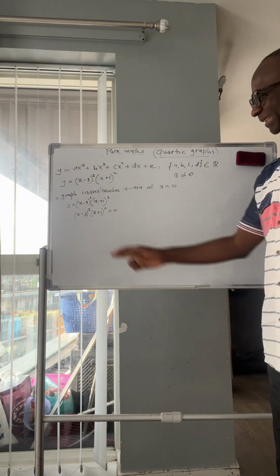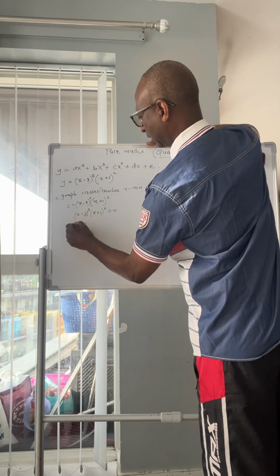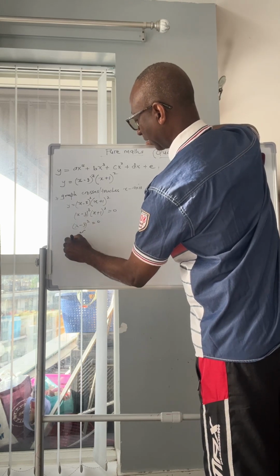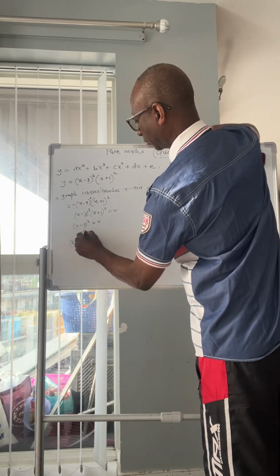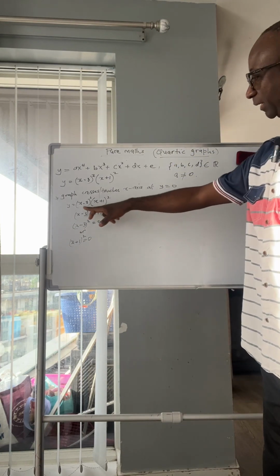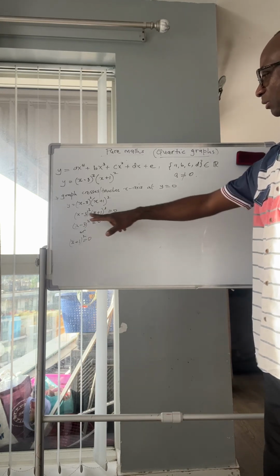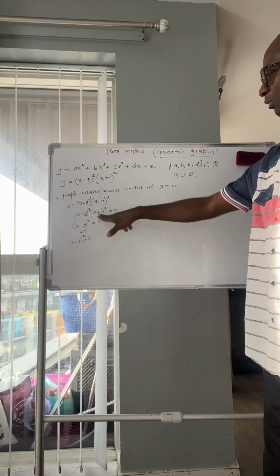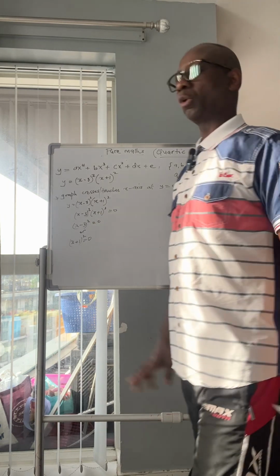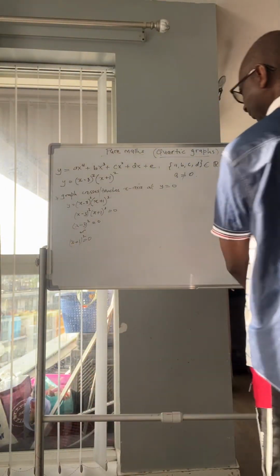So in fact we are saying that x minus 3 to the power of 2 equals 0, or x plus 1 to the power of 2 equals 0. If you multiply two terms together and the result is 0, then either one of them is equal to 0 or both of them are equal to 0. That is the condition we stated here.